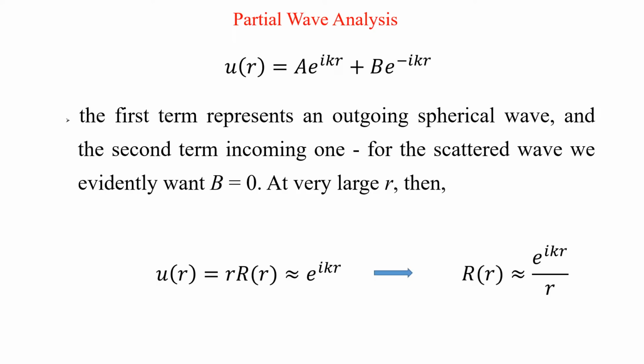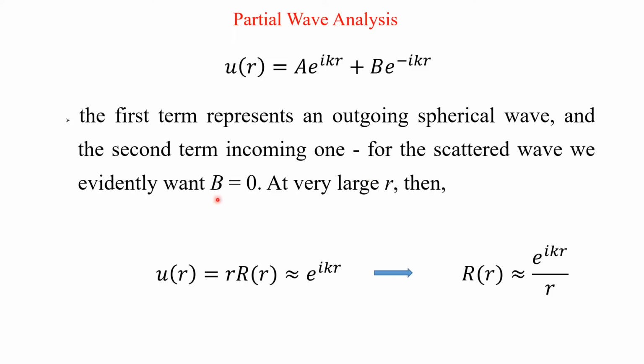So the solution for the outer region, that is region 3, is u of r equals A e power ikr plus B e power minus ikr. Here, the first term represents the outgoing spherical wave, and the second one is the incoming one.